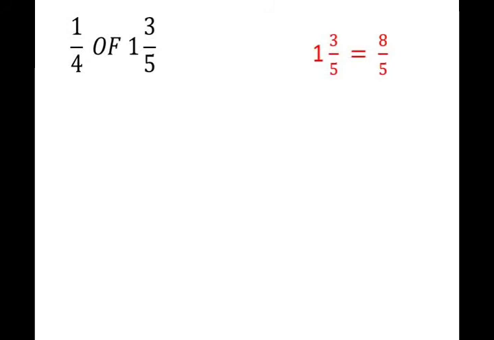So we can change 1 3/5 to an improper fraction, 8/5, by simply following the rule: 5 times 1 is 5 and 5 plus 3 is 8. Okay, I'm going to do that one more time. 5 times 1 is 5 and 5 plus 3 is 8. So the numerator is 8, but the denominator is 5. It remains the same as the denominator in the question.